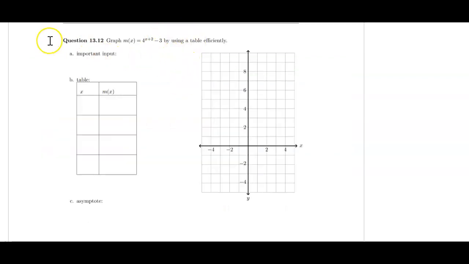Okay, so you can kind of see how those relate together.